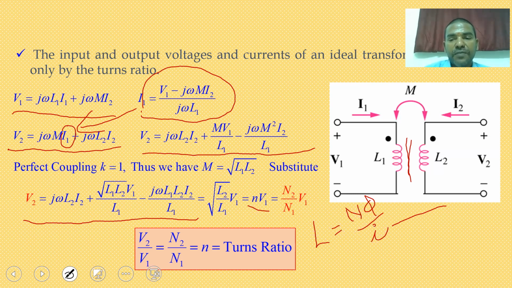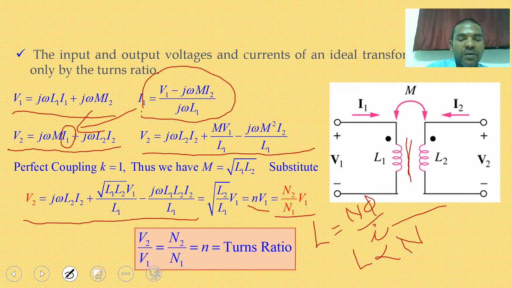Current is proportional to flux, so both are constants, and L is proportional to n. By using that concept, n into V1 is equal to n2 by n1 into V1. So V2 by V1 is equal to n2 by n1, that is equal to n.